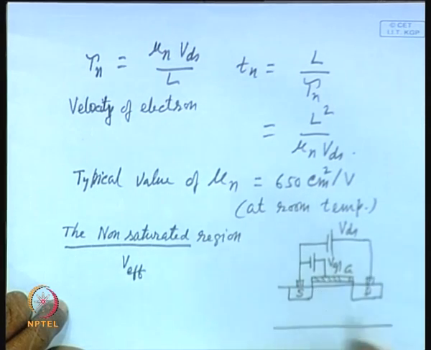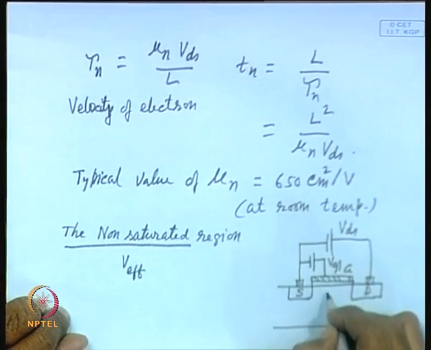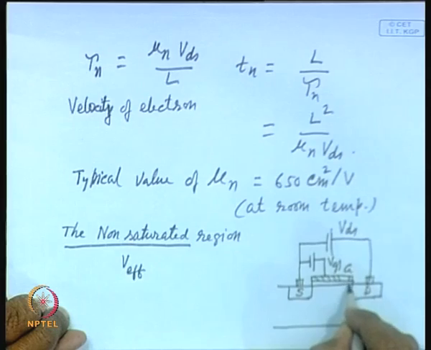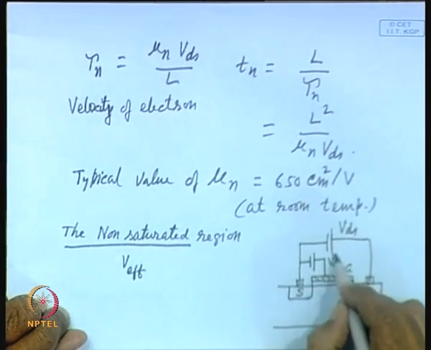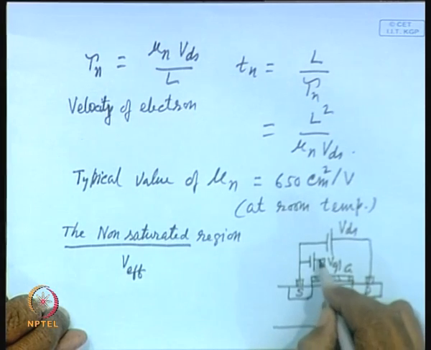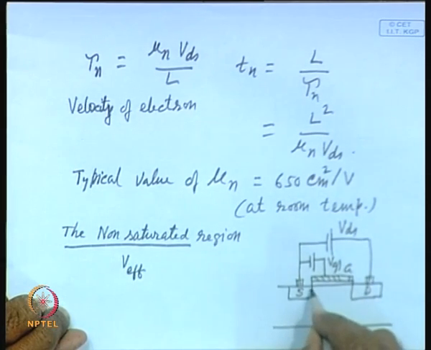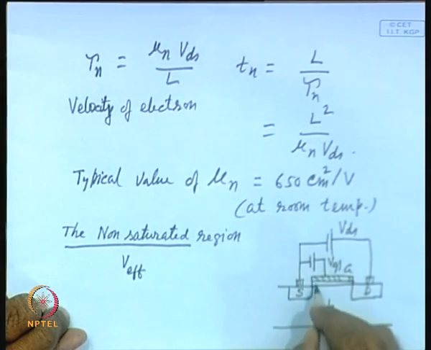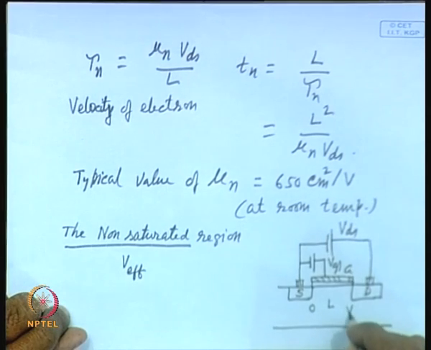Although you are applying a voltage VGS between the source and gate, the effective voltage across the channel is not the same, because the drain voltage is interacting with the voltage applied at the gate. The voltage VDS will be across this length L; here the voltage is 0 and here it is VDS.